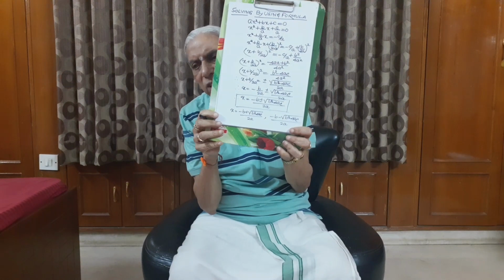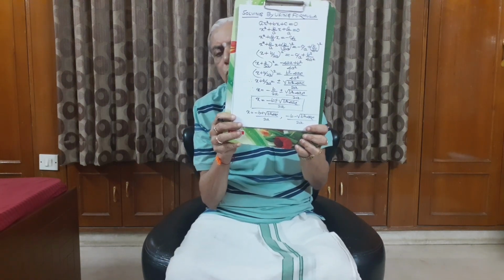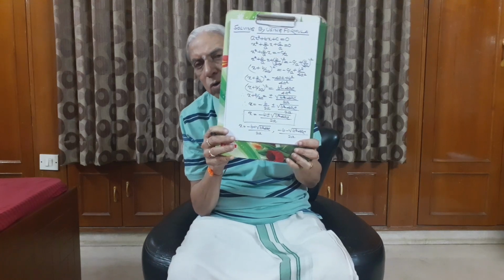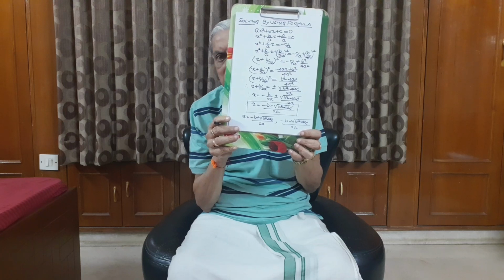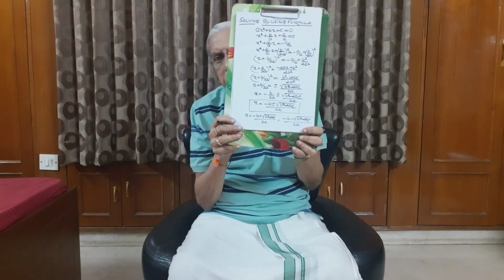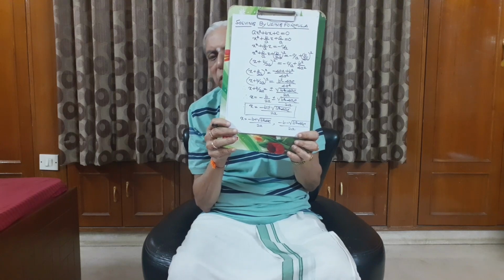I hope you understood. There are the two roots. And the plus or minus you have, I just write it separately. So they are the two roots of the equation. X is equal to minus b plus square root of b square minus 4ac divided by 2a. The second root is minus b minus square root of b square minus 4ac by 2a.